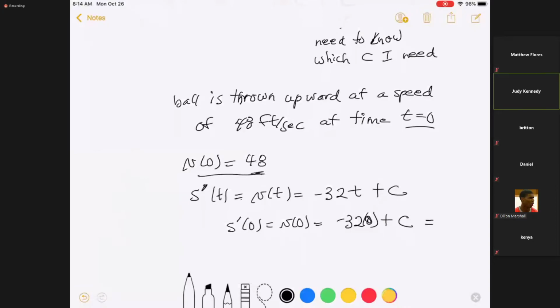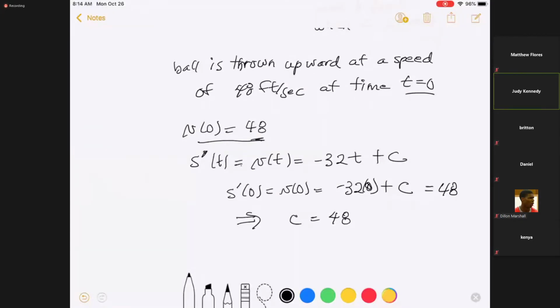That's given as part of the problem. So that says, well, 32 times 0 is 0, so C is 48. Okay, so that's the constant I need for this problem.